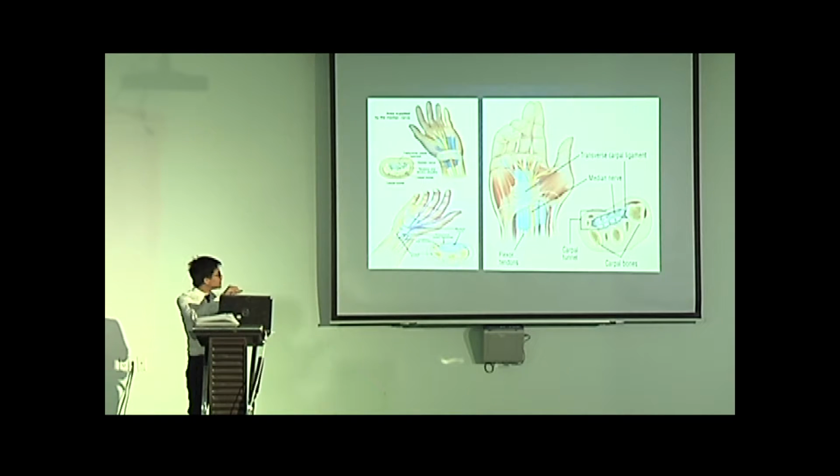The 9th tendon here is the flexor pollicis longus. This is the median nerve. The tendon of the flexor pollicis longus has its own synovial sheath.